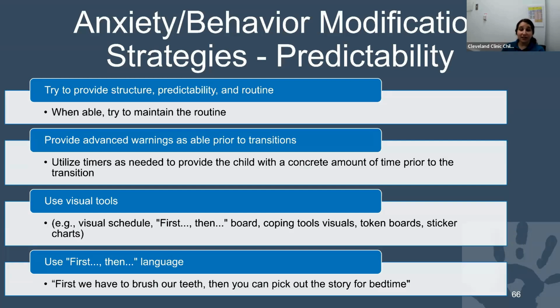And then using first-then language could also help. Maybe the kid really wants to go pick out a story and read before bed, but they have to go brush their teeth first. So using that first-then language of, hey, first we're gonna go brush our teeth, and then we can do that thing you're hoping for or expecting, which is picking out the bedtime story.